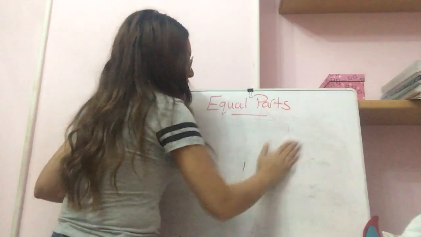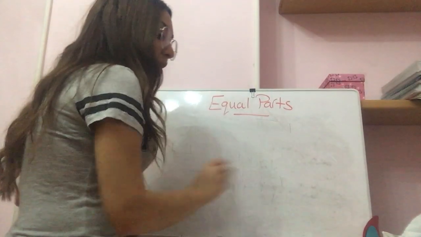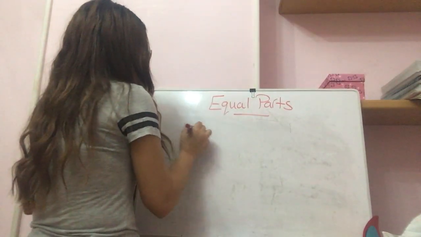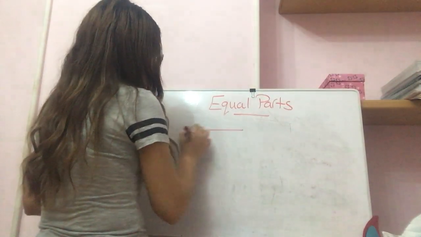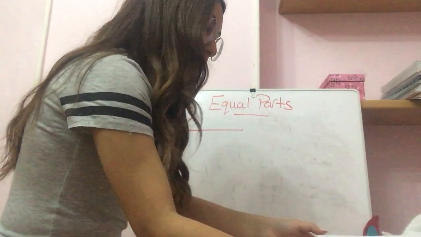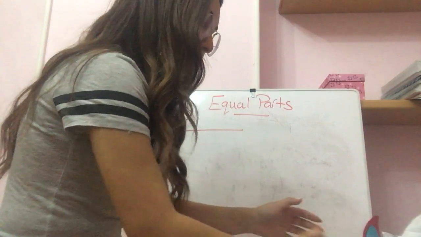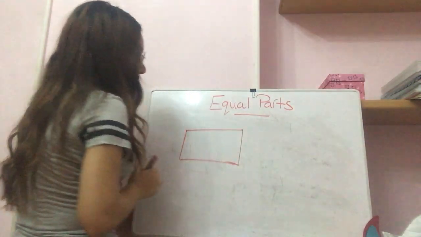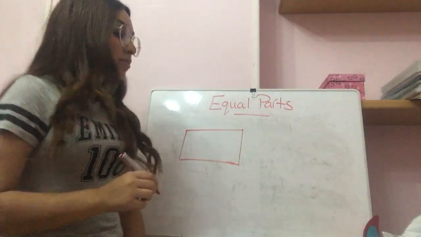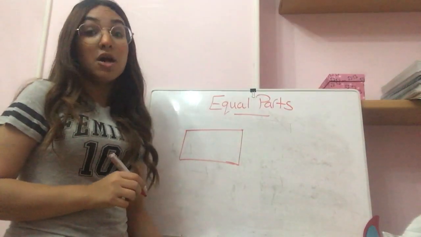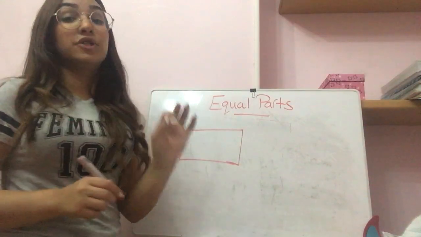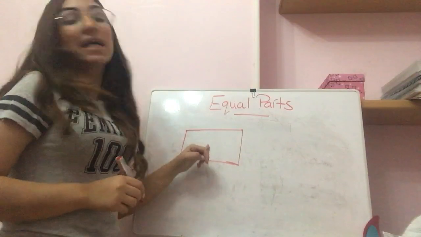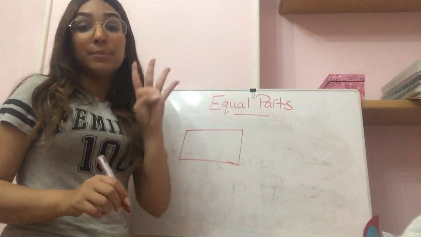Now, if I asked you to cut this rectangle into fourths, fourths, if I say the word fourths, that means that I will cut the rectangle into 4 equal parts.